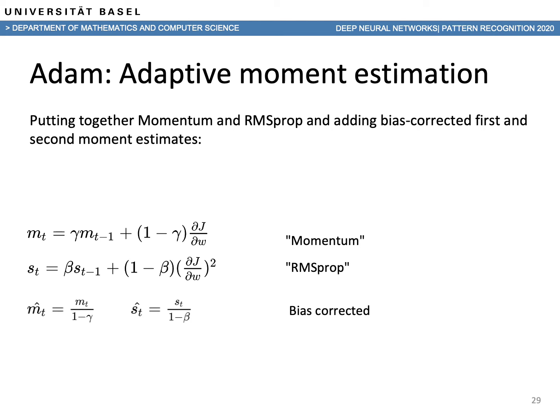Especially for RMS prop, which uses a beta of 0.999 for all the previous values, which means that the system will take a long time to actually warm up. So in the beginning, we would have this part here, and also this part here would be 0. But using this bias correction, we can have some kind of decent value in the beginning instead of just waiting for the system to warm up.